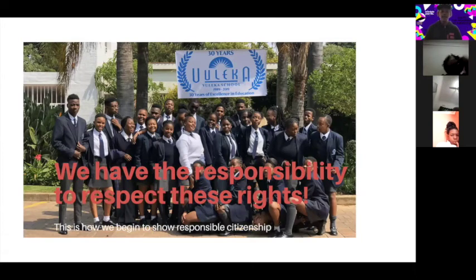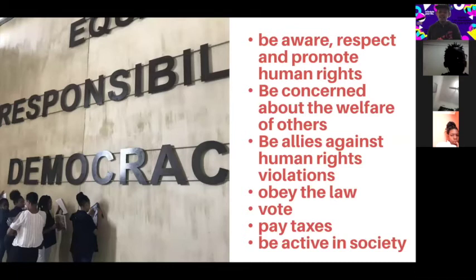Okay, a responsible citizen does the following things. First of all, a responsible citizen is aware of people's human rights, protects human rights, and promotes people's human rights. That's the first big thing about being a normal citizen.